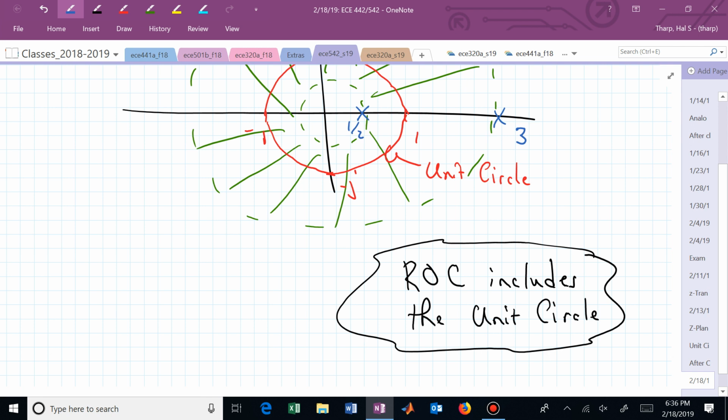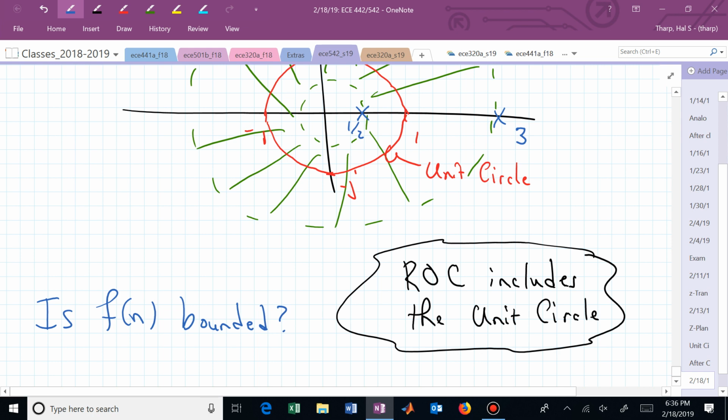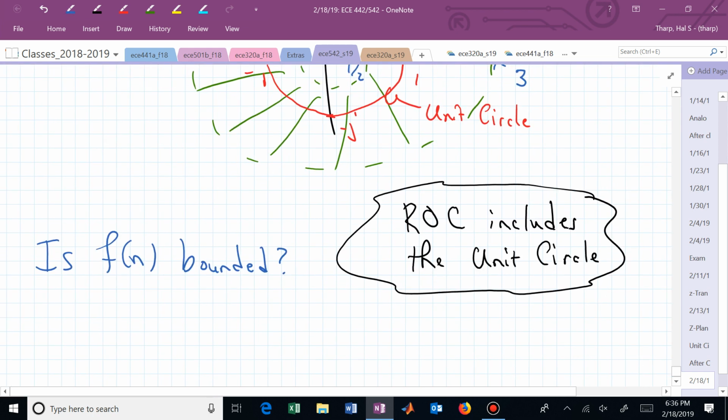That particular fact allows you to quickly answer, is f of n bounded? Because of the region of convergence including the unit circle, we know that the answer is yes to that question.